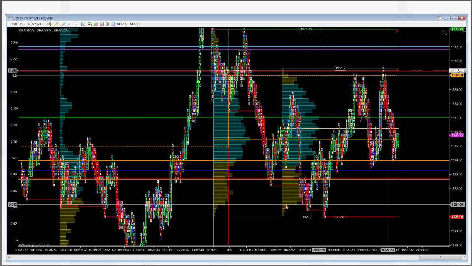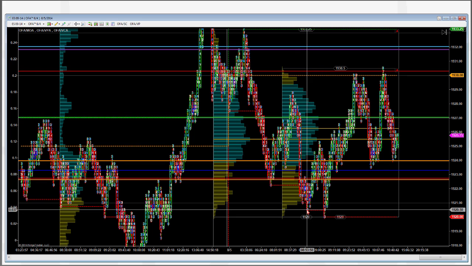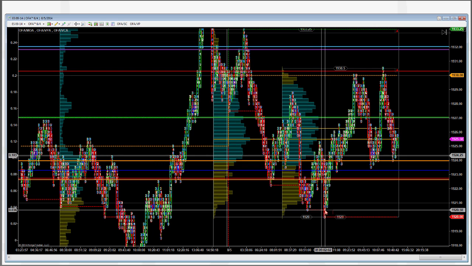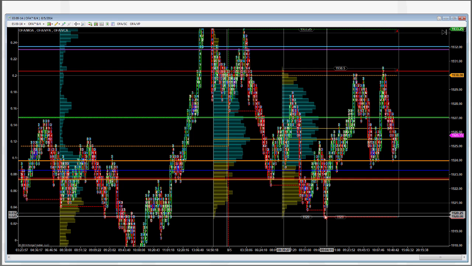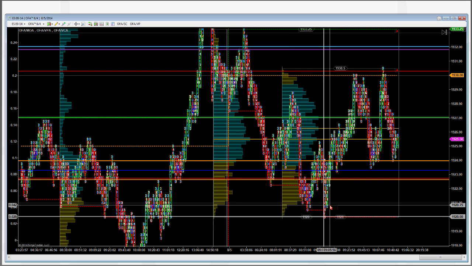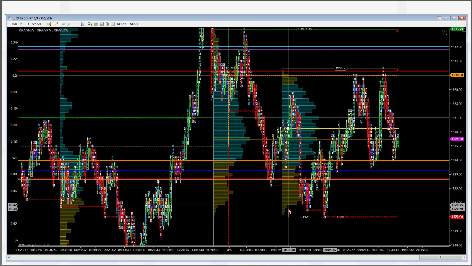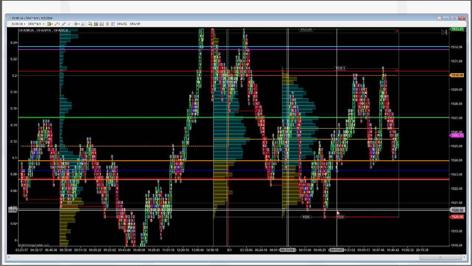Now, what likely happened here is this showed an unfinished auction at 2050, and when it moved back down, it quickly finished. We had responsive buying, and there was likely a decent trade. But when you have that finish and you catch that trade, it's like catching a great wave.